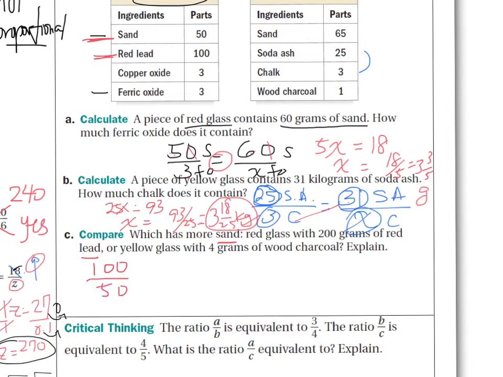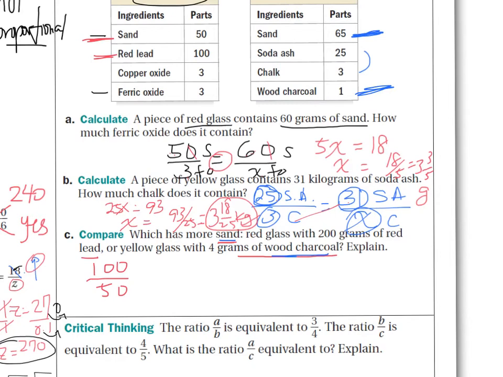And for yellow glass, we're comparing sand to wood charcoal.